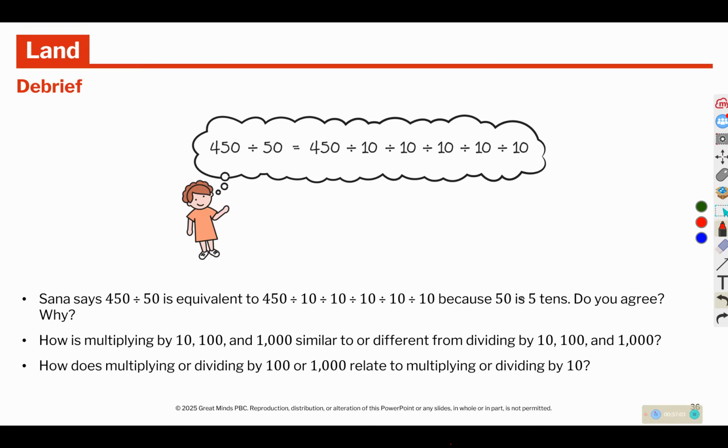If 50 is 5 tens, then it should be a 10 and a 5, not more tens. If you had that many tens, you would be 10, 100, 1,000, 10,000, 100,000. You would be doing 450 divided by 100,000. And that is not the same as dividing by 50.